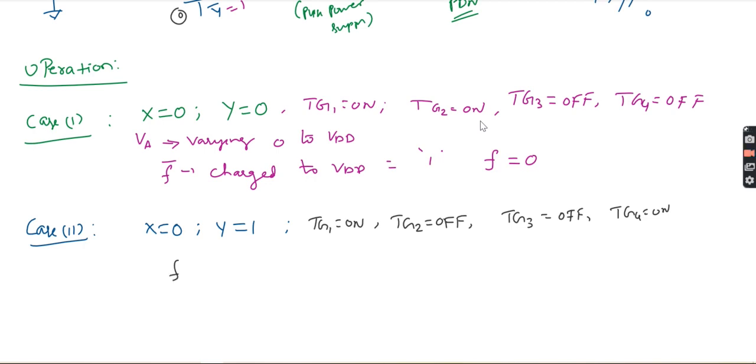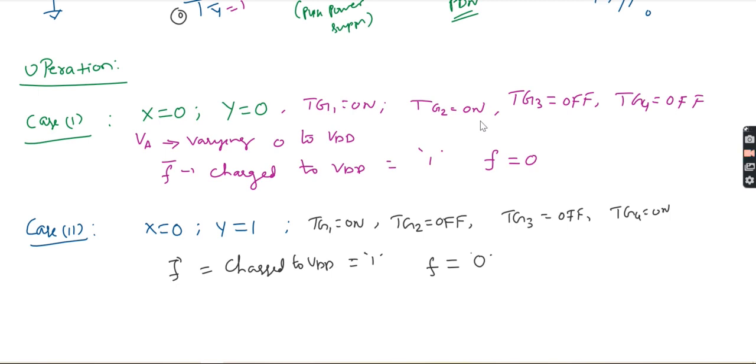Then what will be your F bar? F bar will be charged to VDD, that is equal to 1. Then what about F? F is 0.